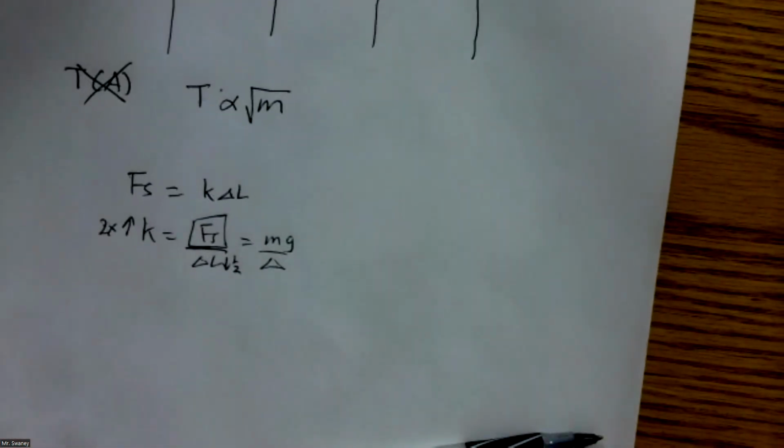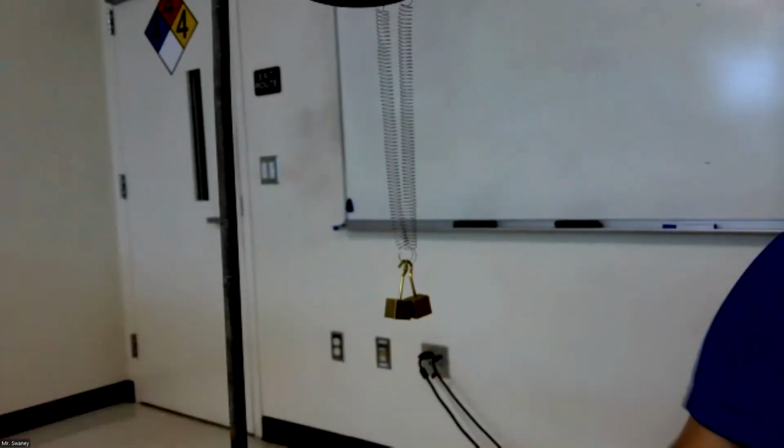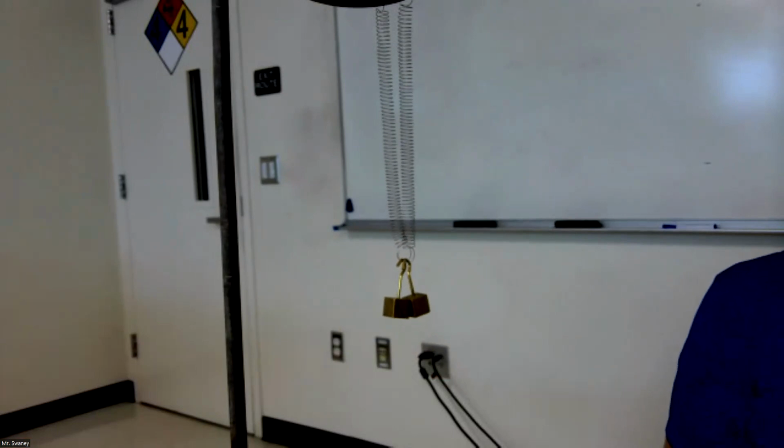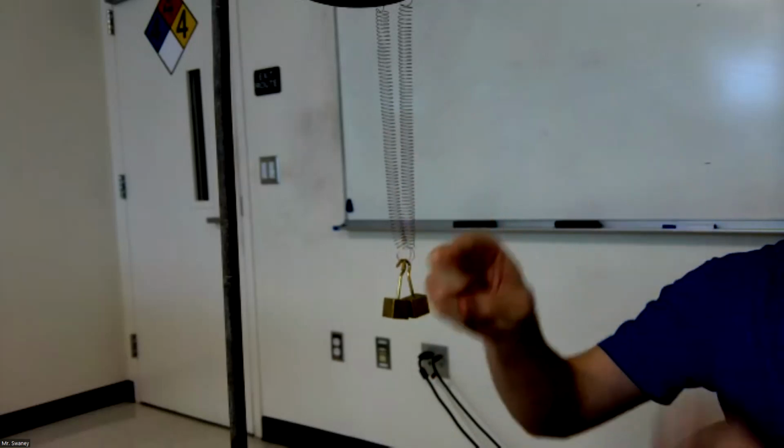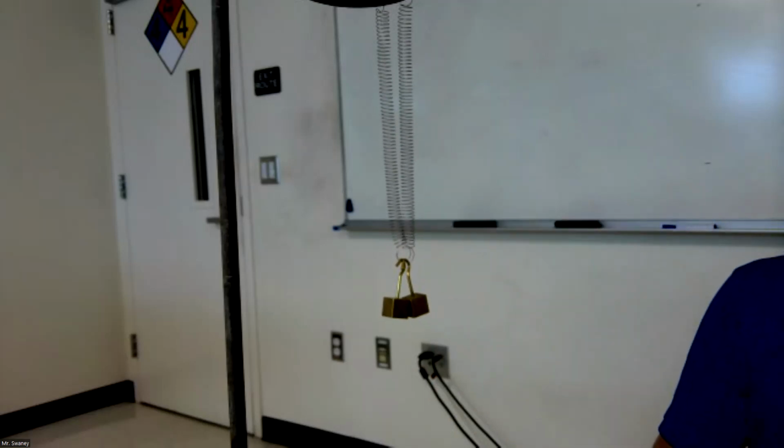All right. So now we're going to do a quick little lab together with this. We already know the amplitude doesn't matter very much. So I'm going to time 10 oscillations for this spring. It's really 2 springs, but if you remember, we just made K double. All right.